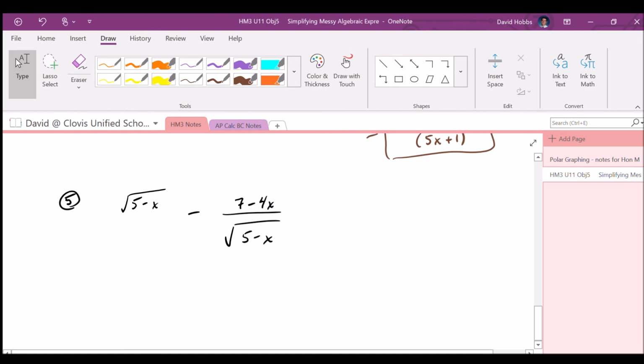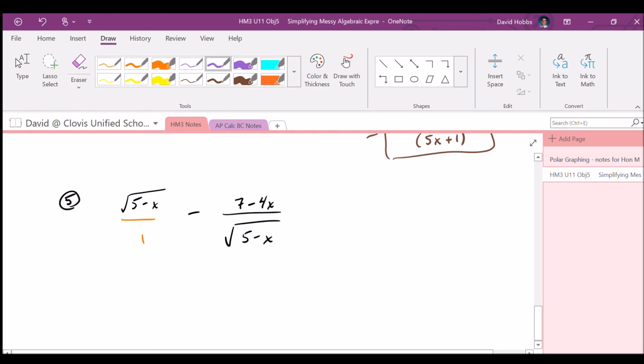So here we go. Really all we're doing is just combining these two terms into a single fraction. And so let's realize the denominator right here is 1 right now. And yes, I know there's a radical in the denominator here, but as I already mentioned, that doesn't bother us so much. If we need to rationalize the denominator, we can.